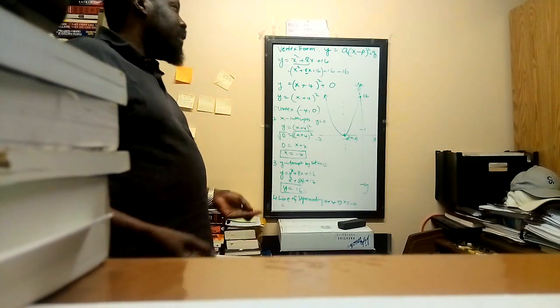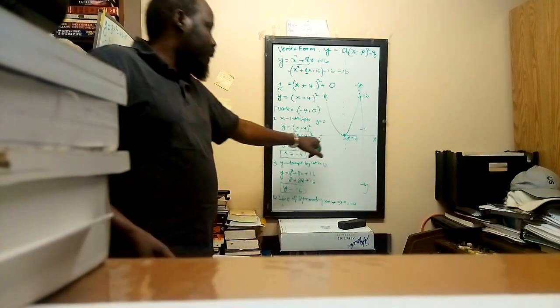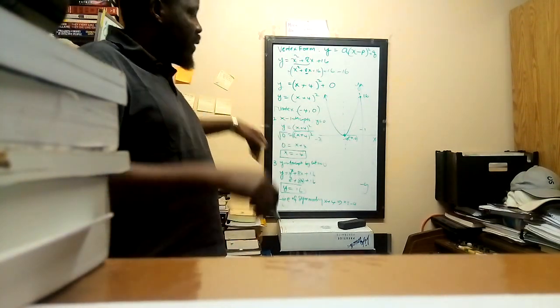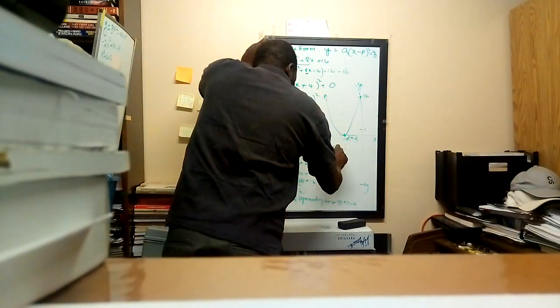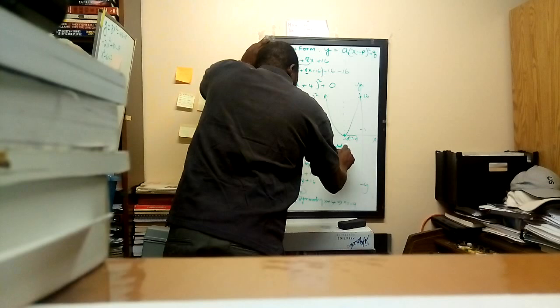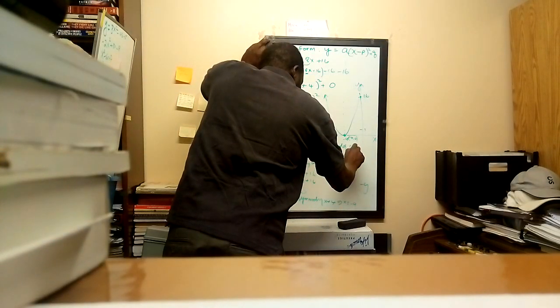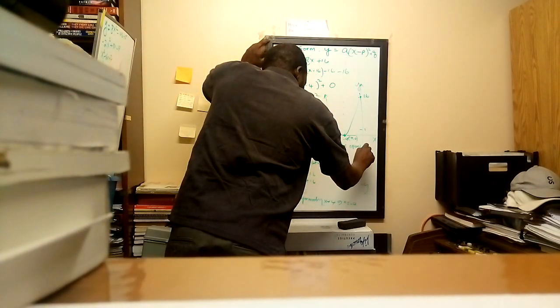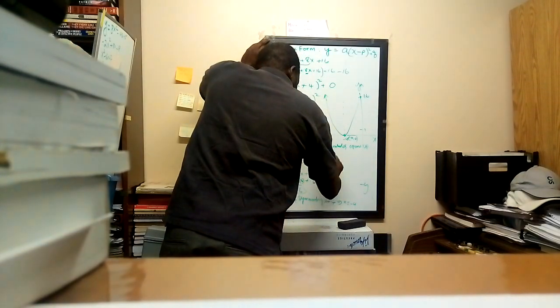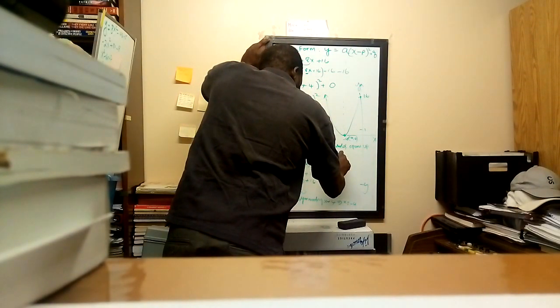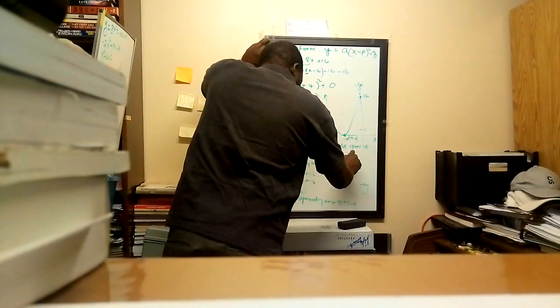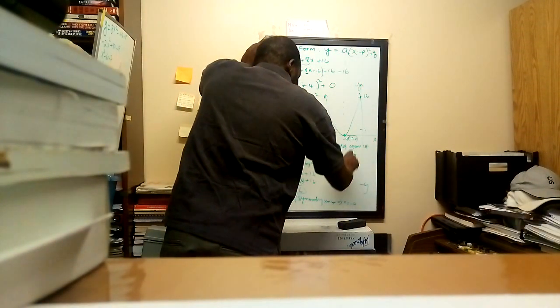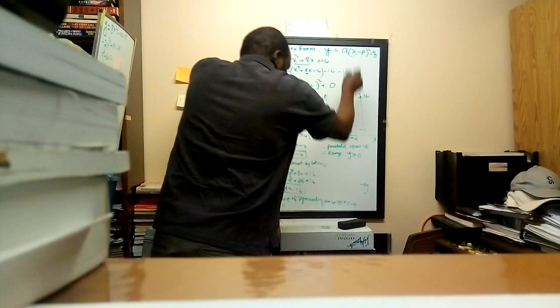If we are asked to find some information, we know that our graph doesn't have a maximum, it has a minimum, because it opened up. So the parabola opens up. The range is y is greater than or equal to 0.